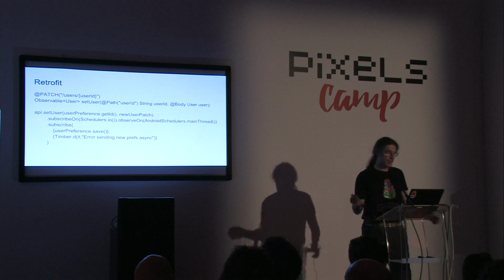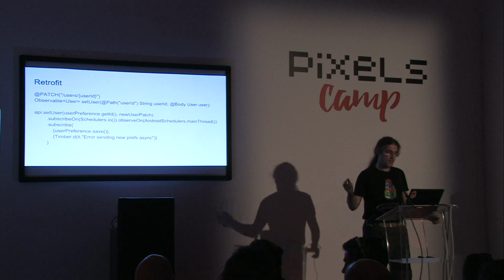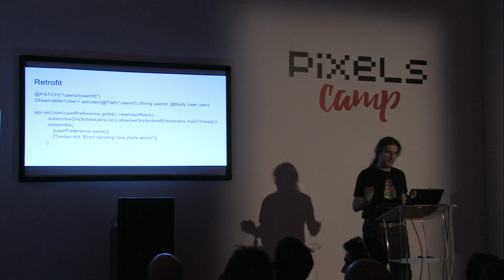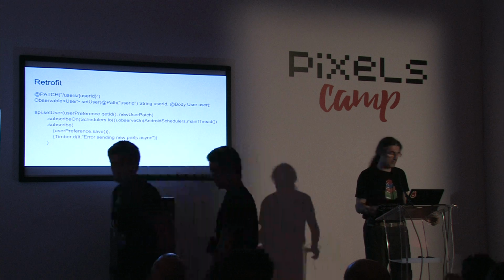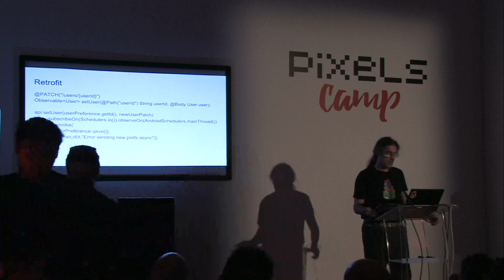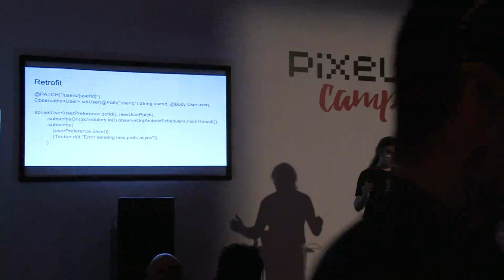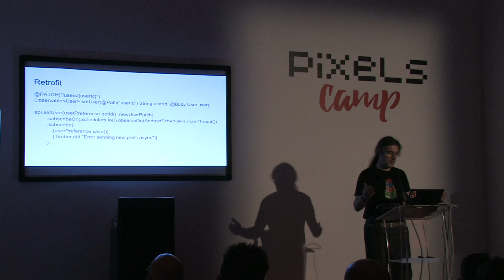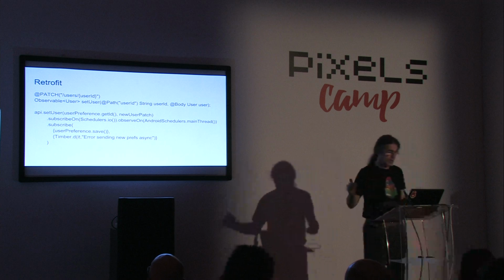So if I define in Retrofit the function setUser, I give it a path for the server and the parameter I'm trying to send, and it returns an observable that wraps your own object. The way you use it, you call the API, give it the parameters, and let's just ignore the second line, the subscribeOn, and you subscribe.